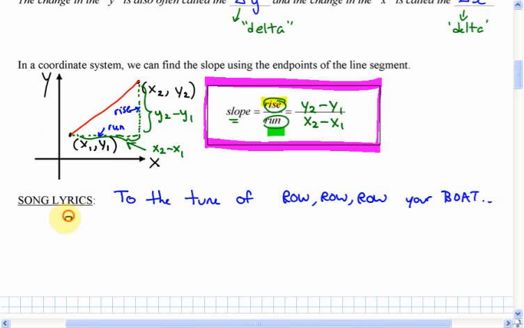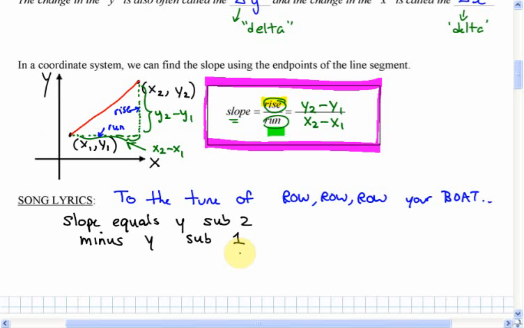First line. Slope equals y sub. Now, that little letter or number underneath, I call it a subscript, but that's too long, so I call it sub. So y sub 2. Ladies, write this down. Slope equals y sub 2, and the next one is minus y sub 1.